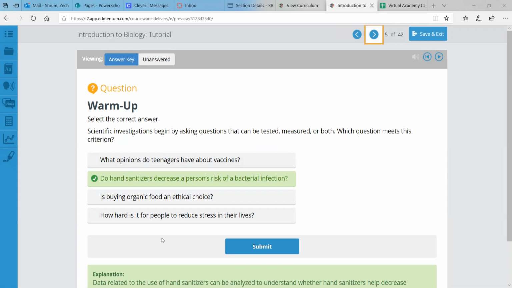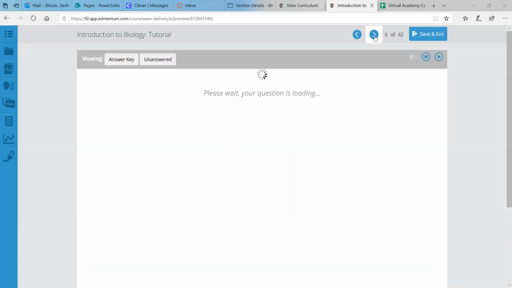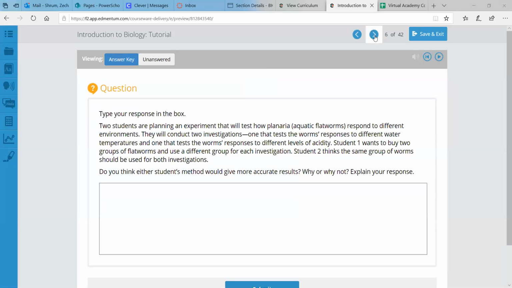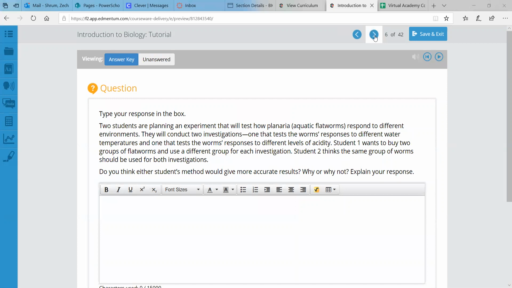What may seem hard to one person may seem easy to another. But here we can measure that. So that is what we stick to in science: tested, measured, measurable data.